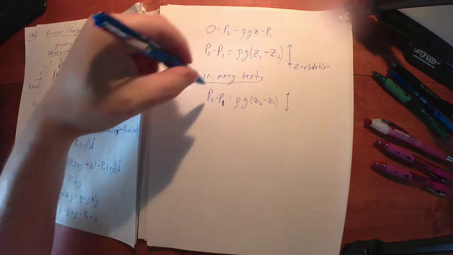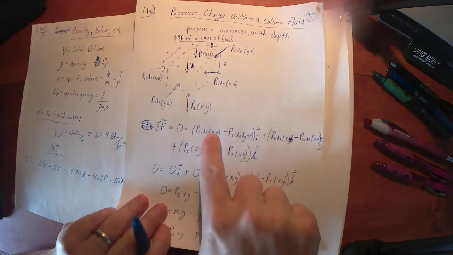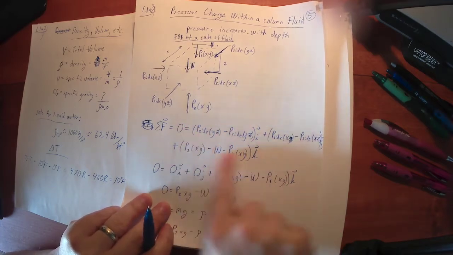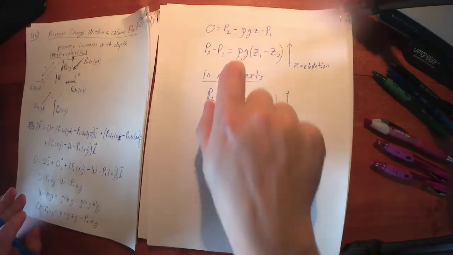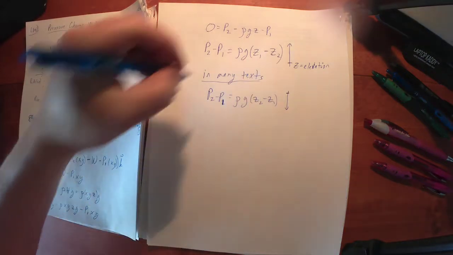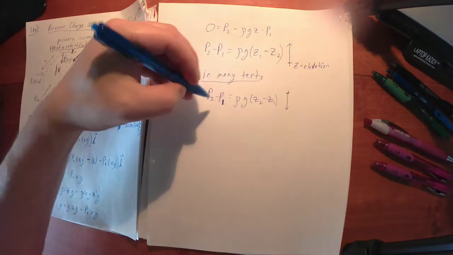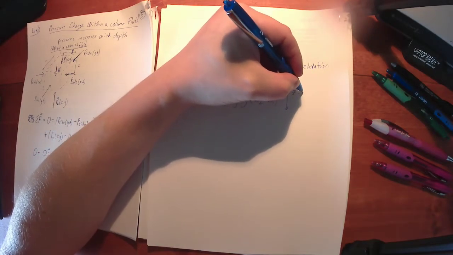Remember, where does this equation come from? This equation comes from back here. This vector equation, from this free body diagram, Newton's second law simplifies to this or this. Anytime you have a simple equation, it's going to have rules associated with it. If you write it this way, where delta P is equal to rho g delta Z, that means Z is equal to depth.